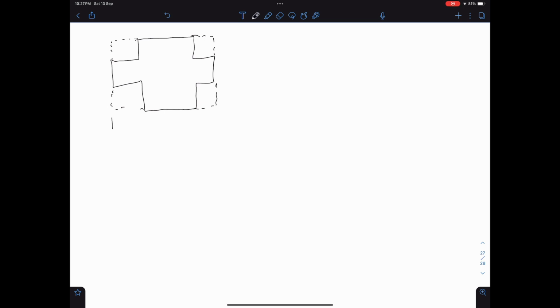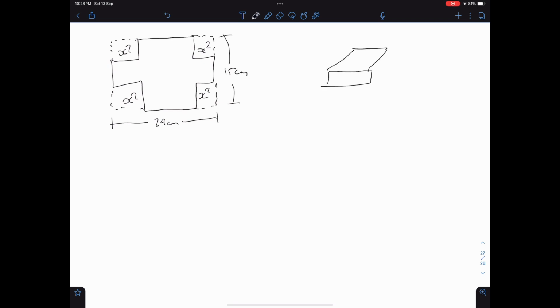This is 24 cm, this is 15 cm, and each of these corners are areas of x squared. And basically they get folded up into something like a box, like this.